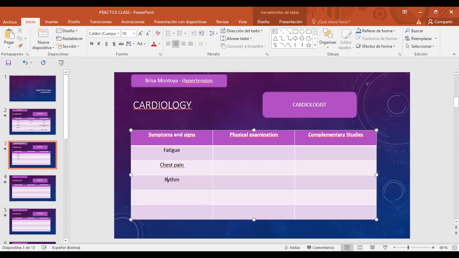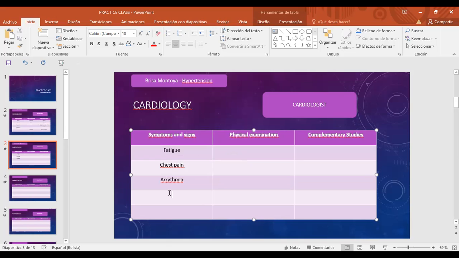So it would be, sorry. Arrhythmia, okay? So this would be the word, related to rhythm, and the pronunciation is rhythm, okay? Any other thing about signs and symptoms that this person might have?